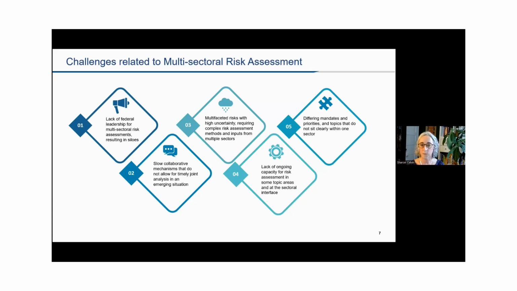And so this really requires complex risk assessment methods and inputs from multiple sectors. There's a lack of ongoing capacity for risk assessment, not everywhere, but in some topic areas, and definitely at the sectoral interface. And then finally, there's challenges related to different mandates and different priorities and topics that don't necessarily sit clearly within one sector.